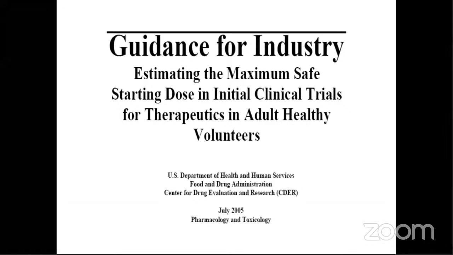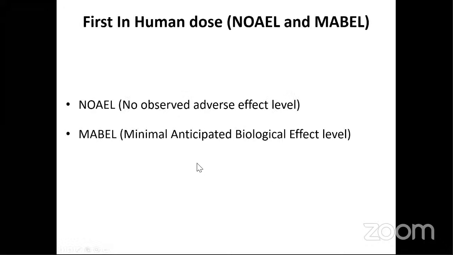The FDA has a guidance which is now almost 15 years old, where we use the principle of the no observed adverse effect level, and for biologics, on top of that, the minimal anticipated biological effect level. These two aspects are considered to determine the first in human dose, and we'll discuss these two aspects individually.